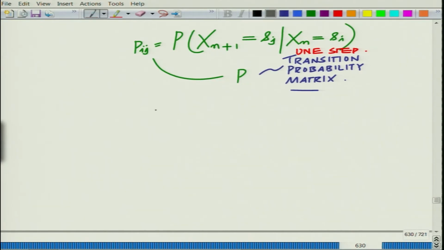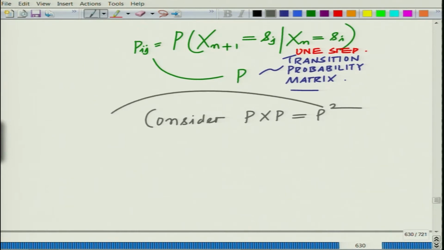So, consider now P multiplied by P, that is equal to P square. Now, if we look at what is the i comma jth element of this matrix P square, and ask that interesting question, what is the i comma jth element of P square?